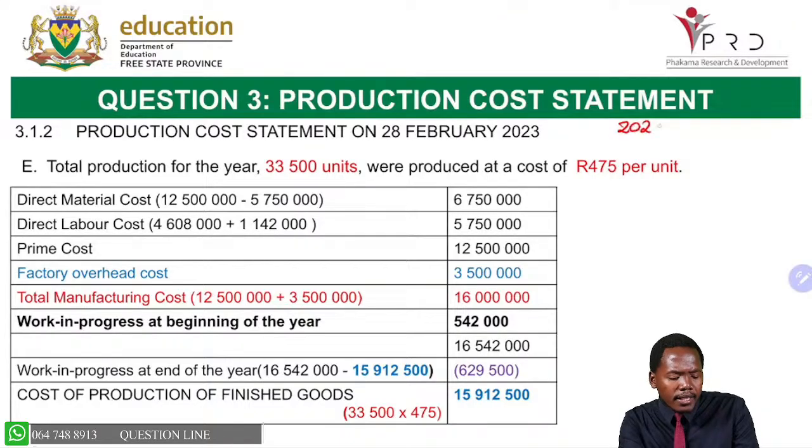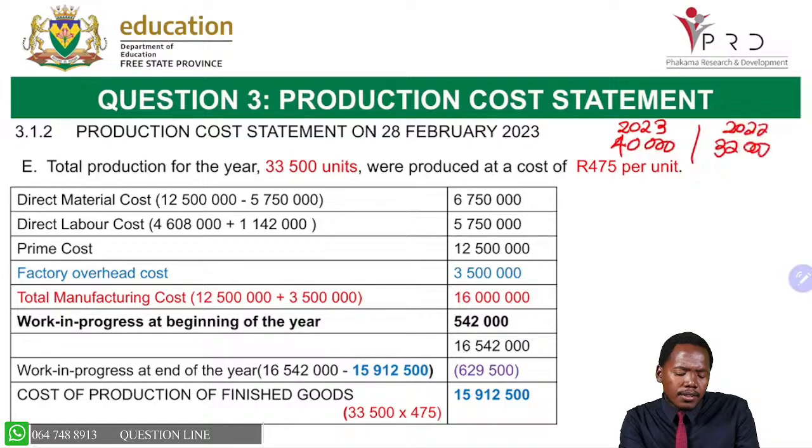For 2023, your break-even point can be 40,000 units. For 2022, your break-even point can be maybe, let's say, 32,000 units. This is your break-even point. Your production can be 45,000.